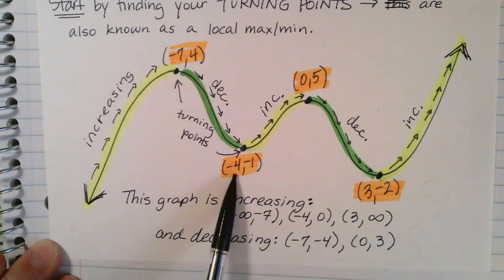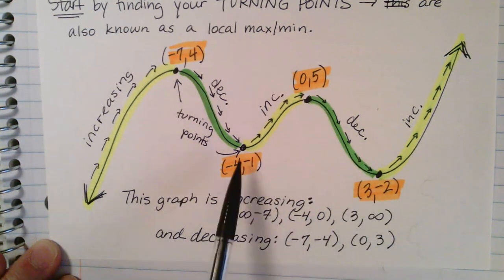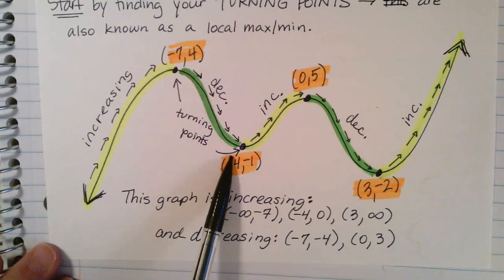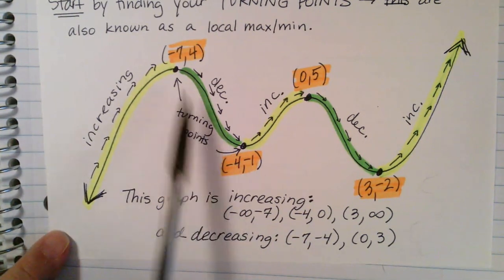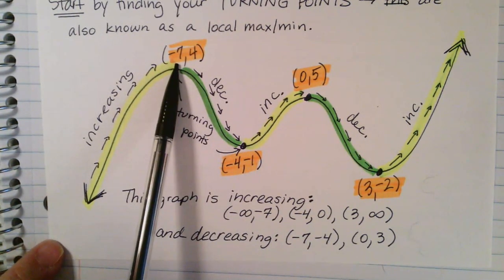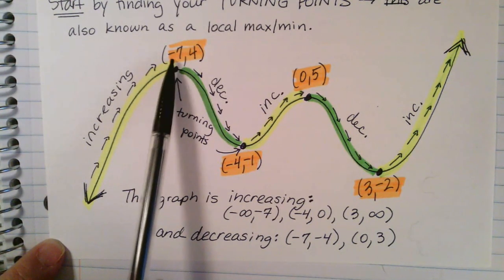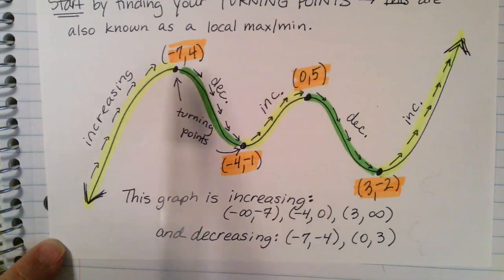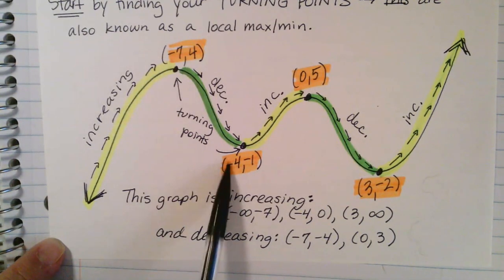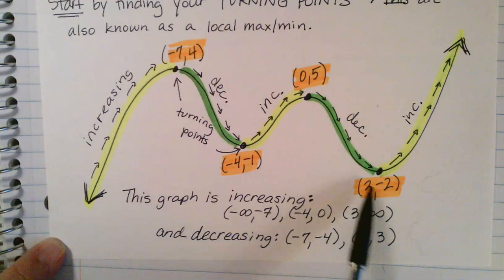Now, what we use to separate those are turning points. And what we look at for the turning points when we describe where it is increasing and where it is decreasing, we look at the x value. Okay, so I'm going to use -7, -4, 0, and 3.